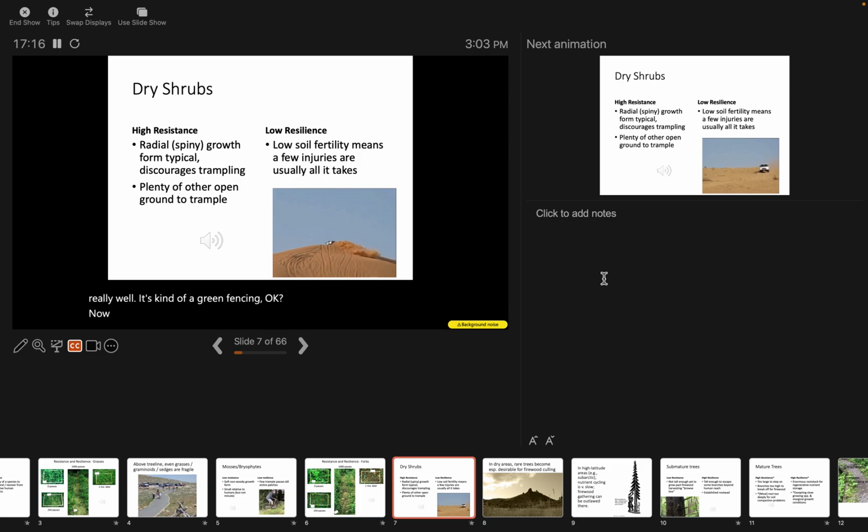Now, unfortunately, the dryness, the lack of nutrient availability, the paucity of nutrient cycling in a desert environment means that there's just not going to be much recovery when impact does happen.